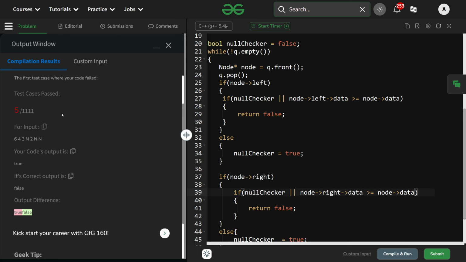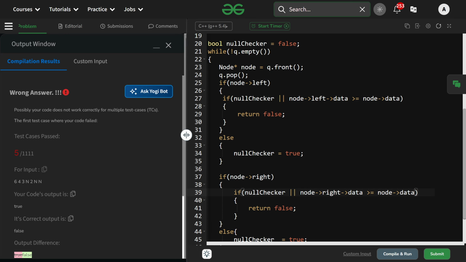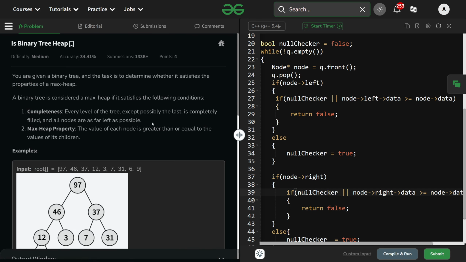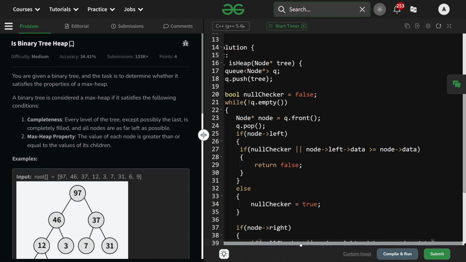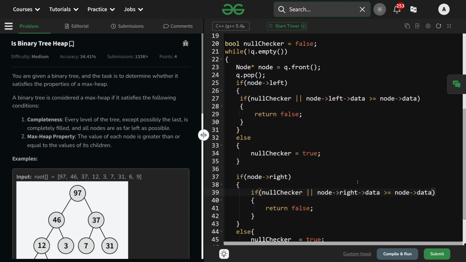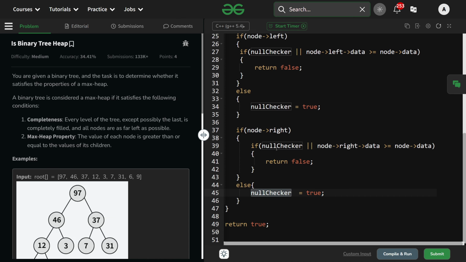So I see that it has failed and we need to understand why it failed at this given point. So let's see what we did wrong here. So right now we know that we have satisfied the property of a null checker, right?